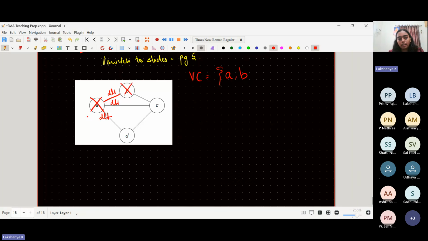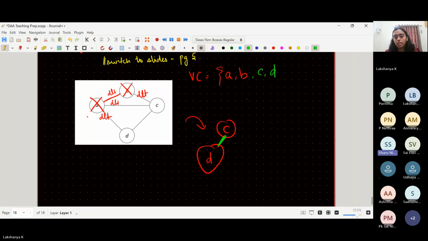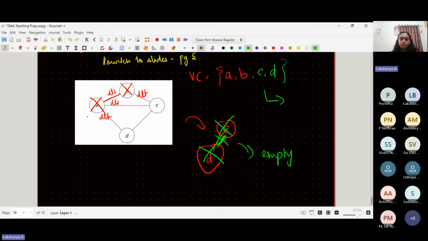When I delete B, this one also gets deleted, right? So now what we have is C, D. This is the graph I have now. Correct? Yes. Now next I'll take this edge. Again, I'll put C, D. I delete this, I delete this, I delete the corresponding edge. My graph is empty. So now this is my vertex cover.